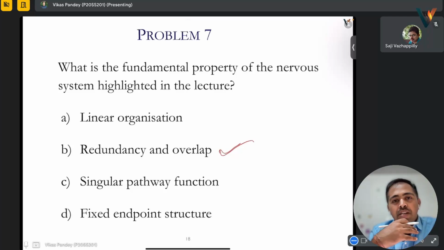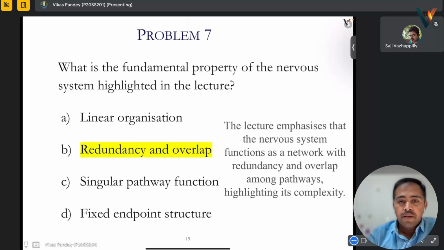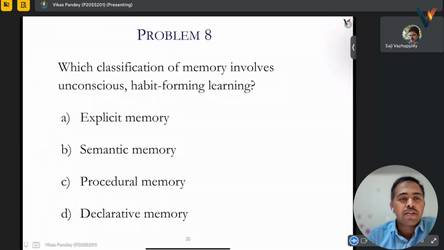But in case of brain, it is based on redundancy and overlap. That makes it quite unique. So the nervous system functions as a network with redundancy and overlap among pathways. That is why it is quite complex to understand.